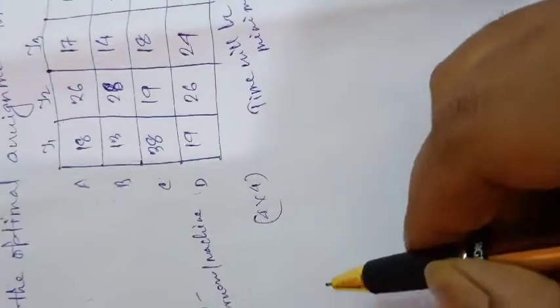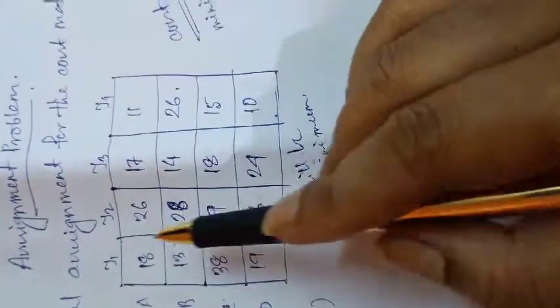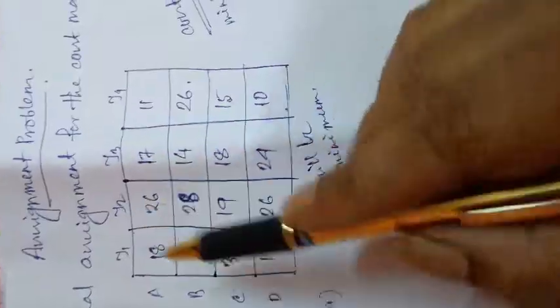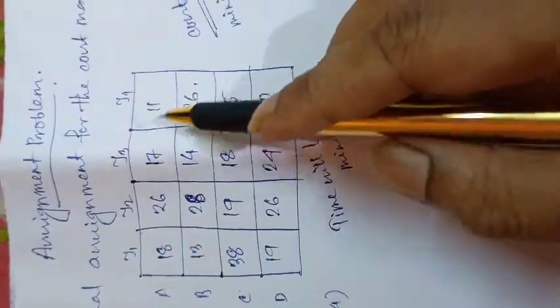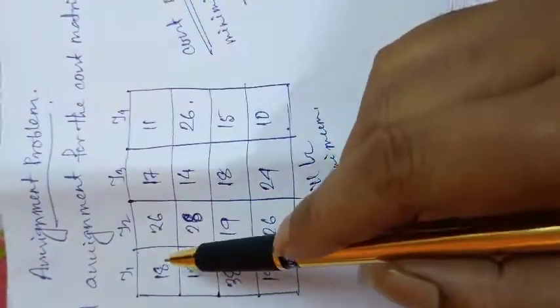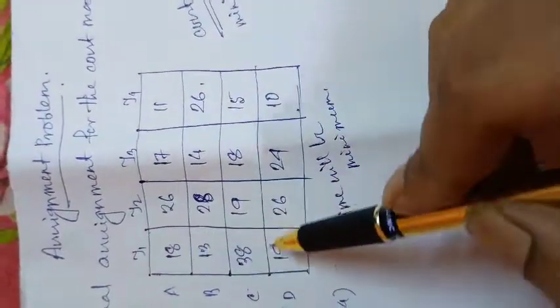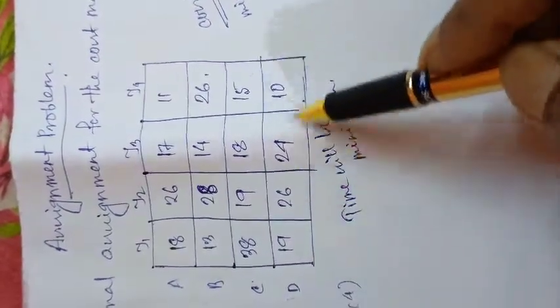So first we will write table 1, and first find the minimum element from each row. We have to select first the minimum element from each row. So see, the first row is 11, the second row is 13, the third row is 15, and the fourth row is 10.